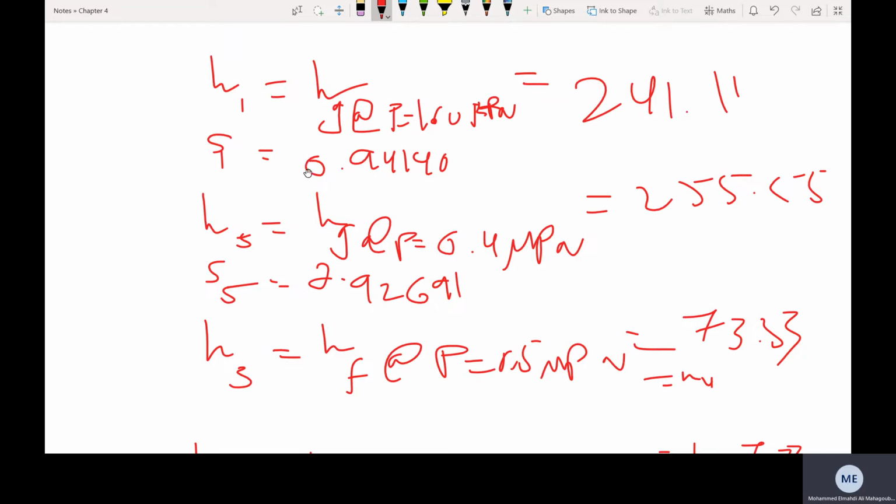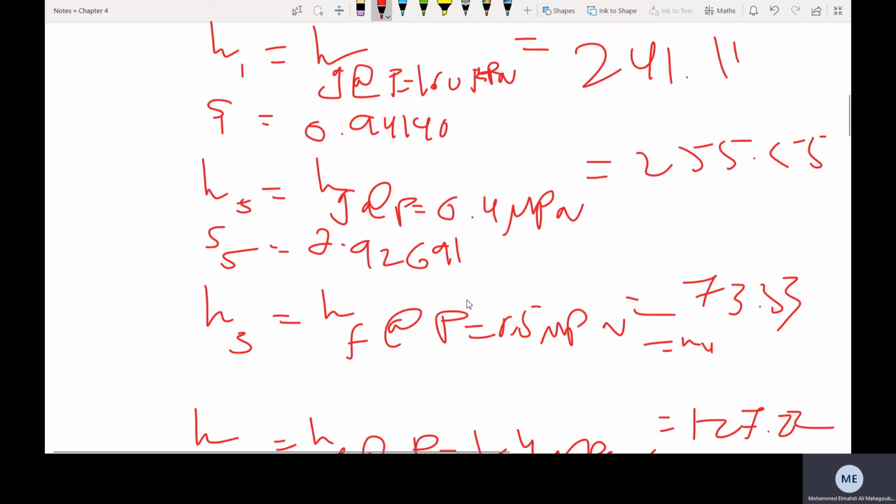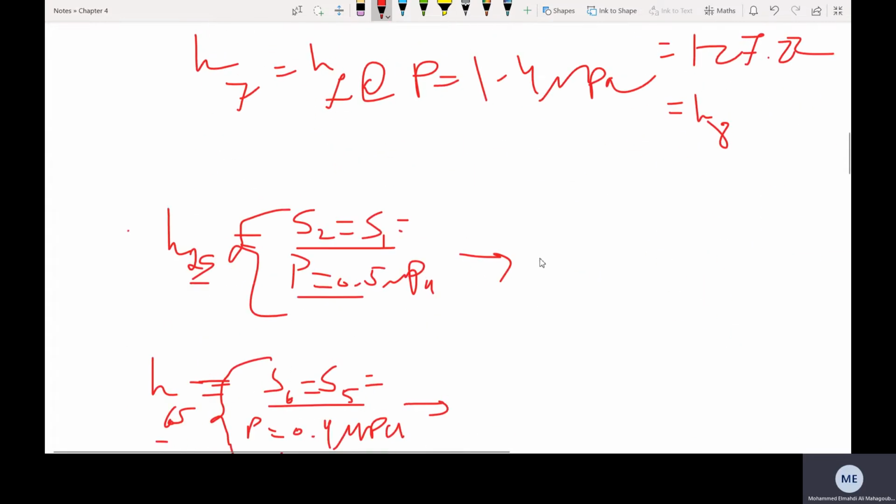As I told you, it is going to be between 263 and 273, so I said around 265. I see here that the solution manual gets 264.55. It doesn't matter actually; I'm just going to use their values now for simplicity. So 264.55.